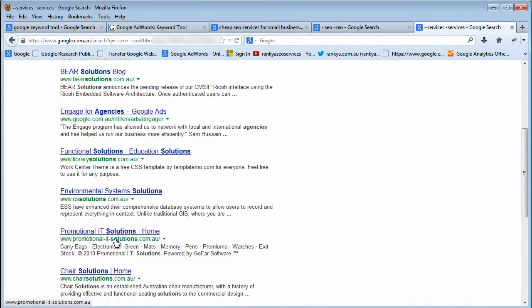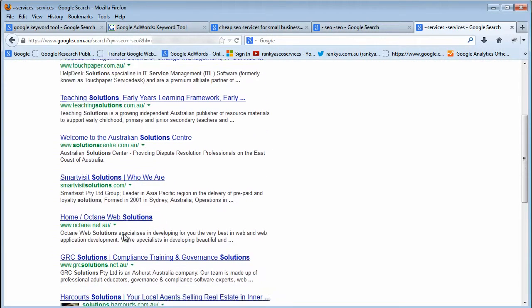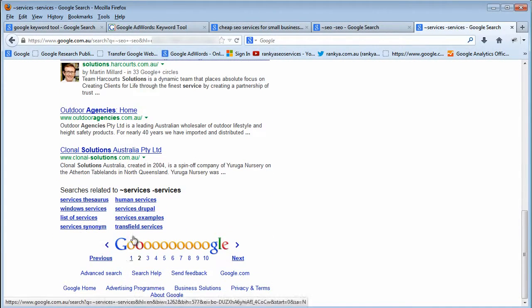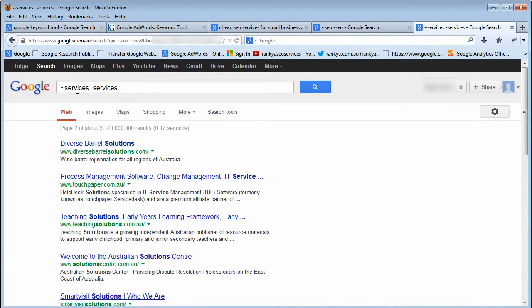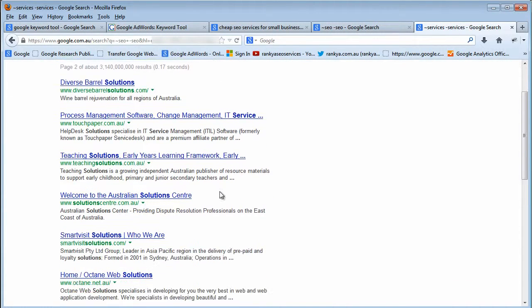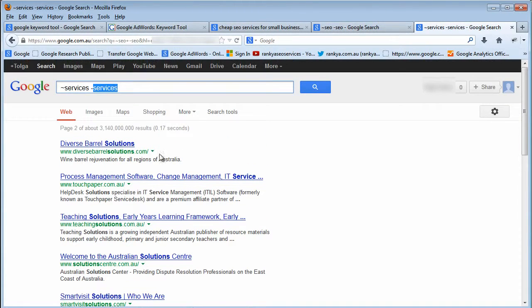It's a must for me to understand that. Then I have a look. What else does it know regarding that keyword? Oh, agencies. Apparently this is somehow important as far as services is concerned. See, it's very important.